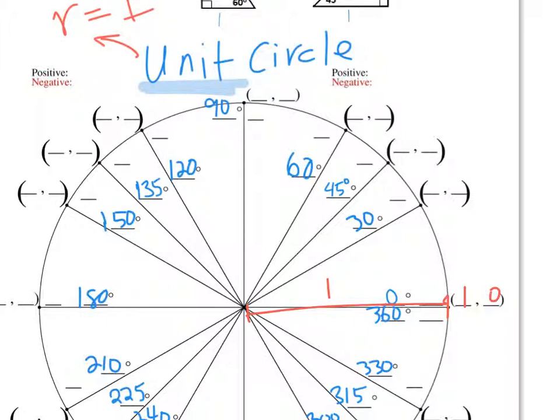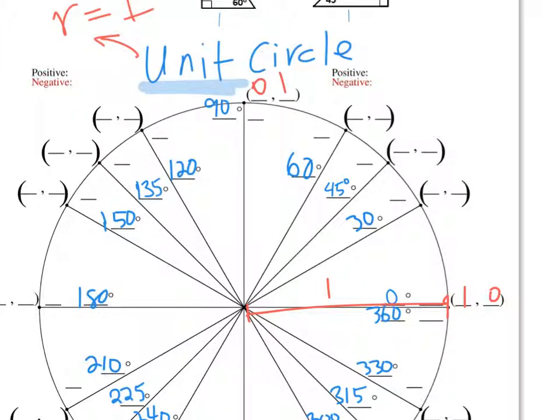So the pattern, the way I'm filling it out, is the way you want to fill it out on the unit circle when I give you practice, because this goes from the easiest part to the hardest part. Okay, so 0, 1. All right, 180 degrees. So this is the center, which is 0, 0.